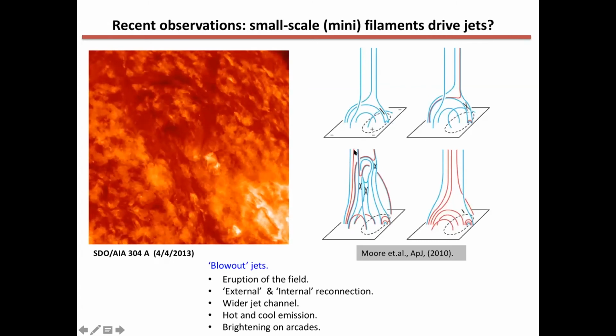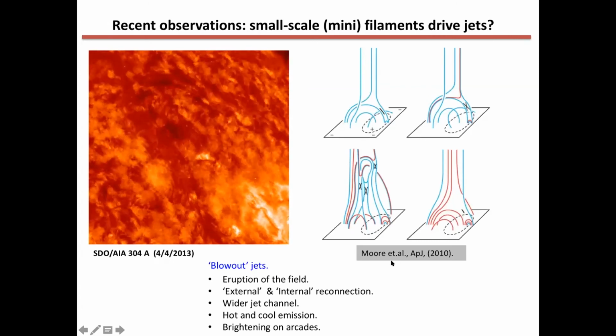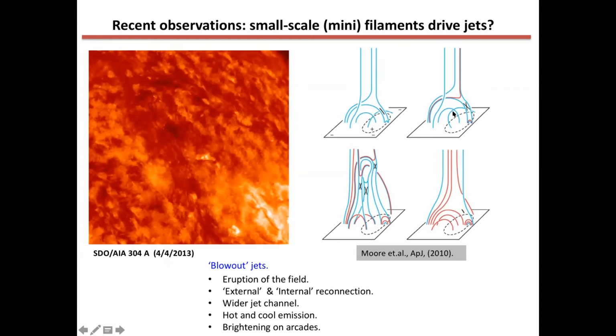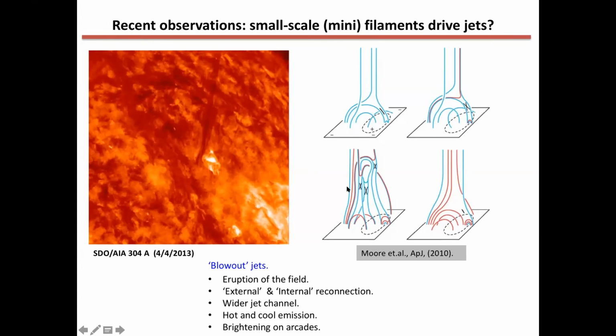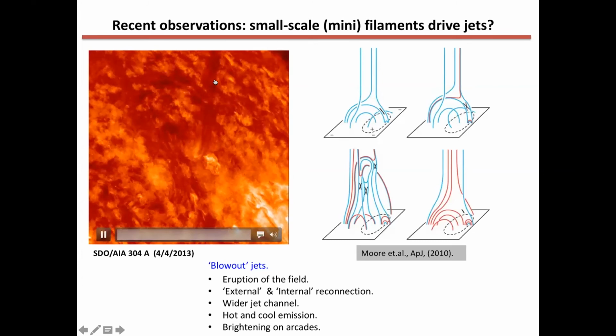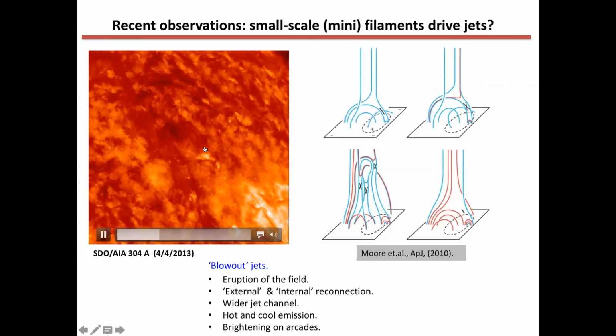In theory, and this is from Moore in 2010, you may have flux emergence, you may have a strong polarity inversion line and formation of a flux rope, as we described before, and this flux rope can erupt, okay? And the reconnection between the erupting flux rope and the pre-existing field can lead to this ejection of cool and hot material.